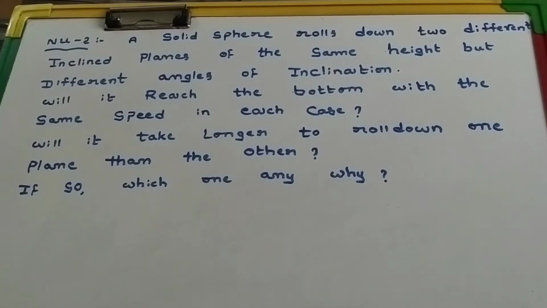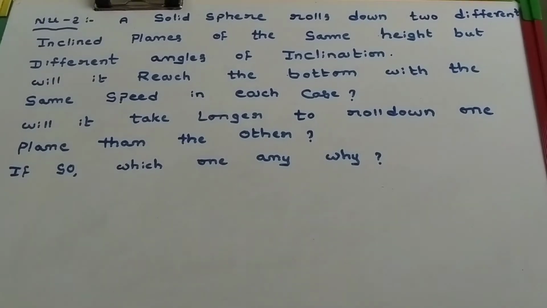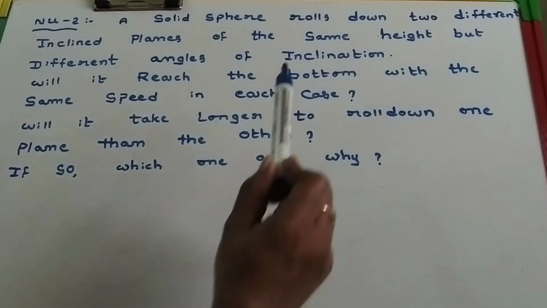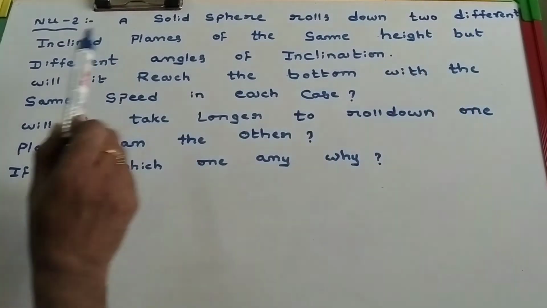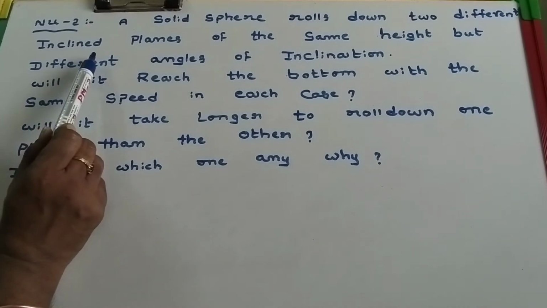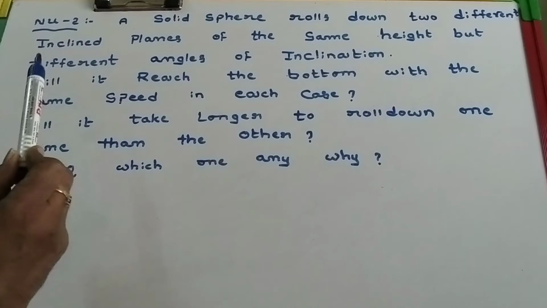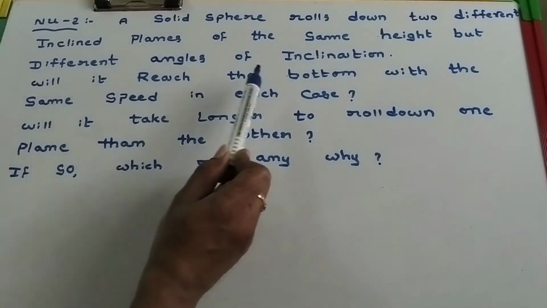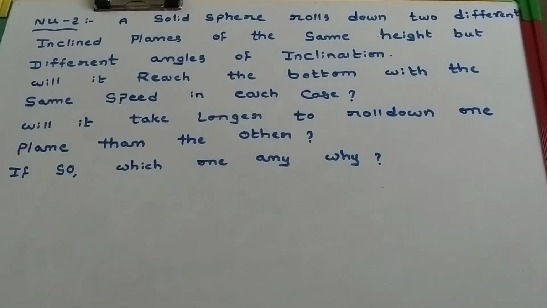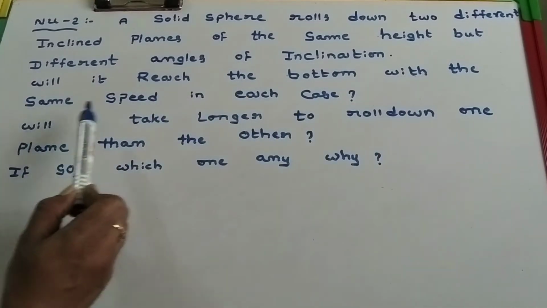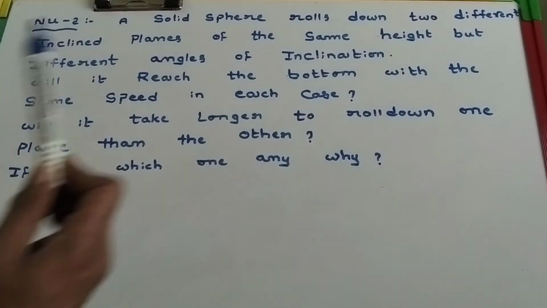Now see numerical number 2. A solid sphere rolls down two different inclined planes of the same height but different angles of inclination. Will it reach the bottom with the same speed in each case?